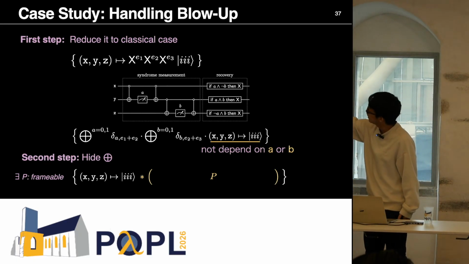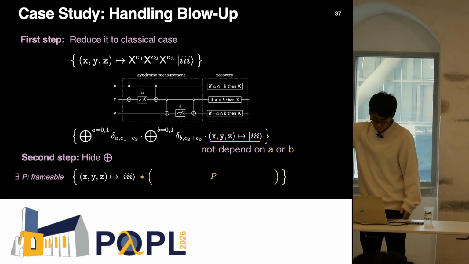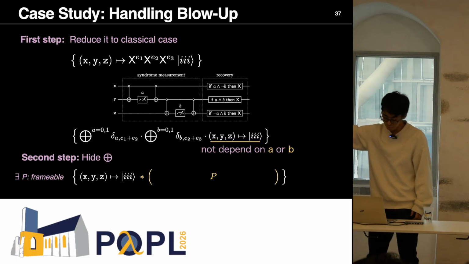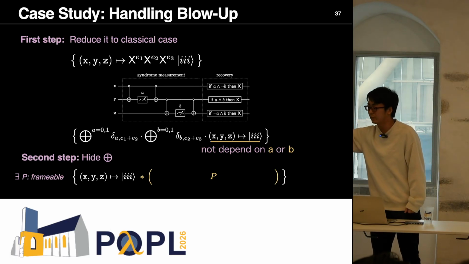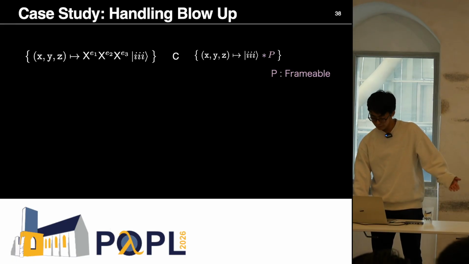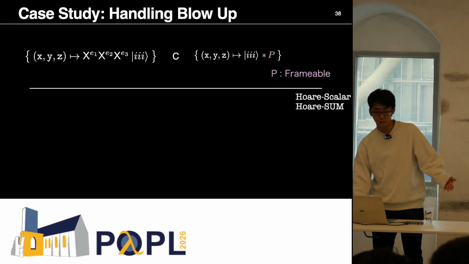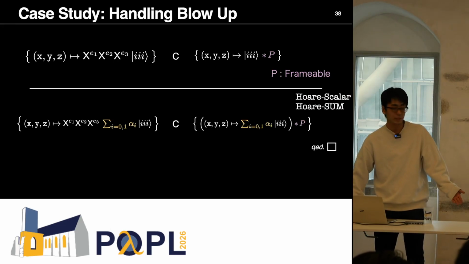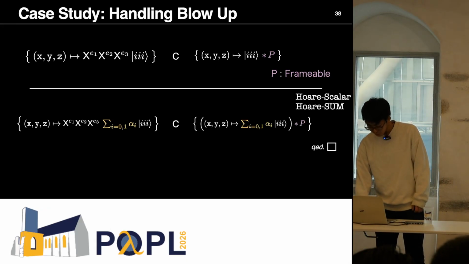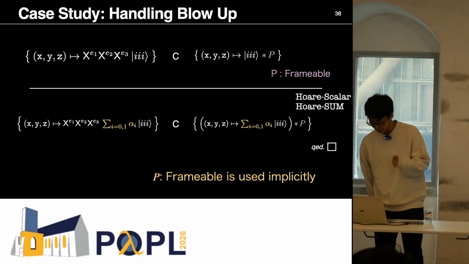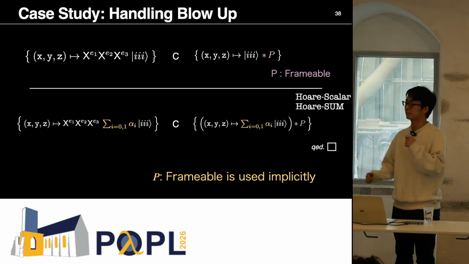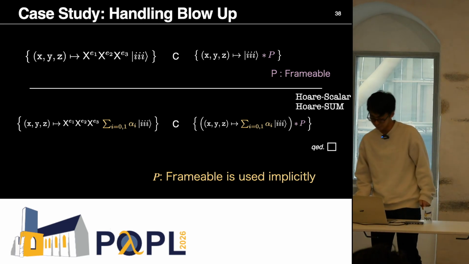Now, in this postcondition, we have an existential quantifier for some favorable proposition, but there's no O+ appearing here. And we have proven this. From this, we can just use the scalar rule and sum rule to derive the thing we want to have. One thing I want to note here is that I didn't mention, but frameability of P is actually used effectively here, so it's actually important.